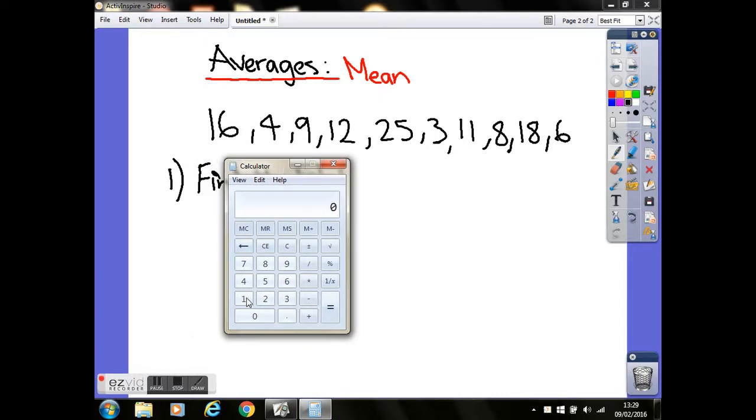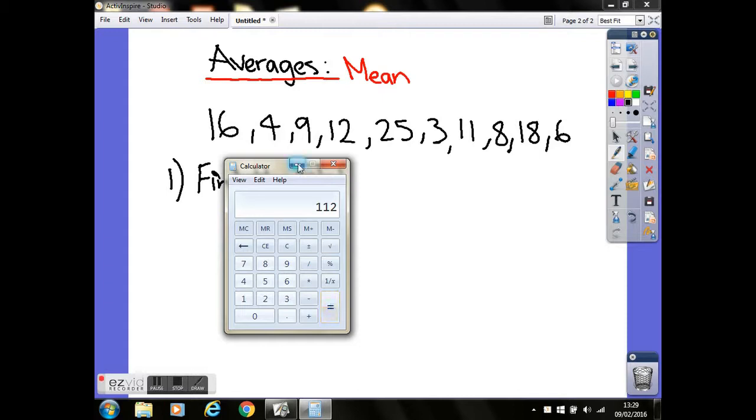So 16 plus 4, let's just try that again, remember to be careful on your calculators. 16 plus 4 plus 9 plus 12 plus 25 plus 3 plus 11 plus 8 plus 18 and finally plus 6. So that should give you a total of 112.